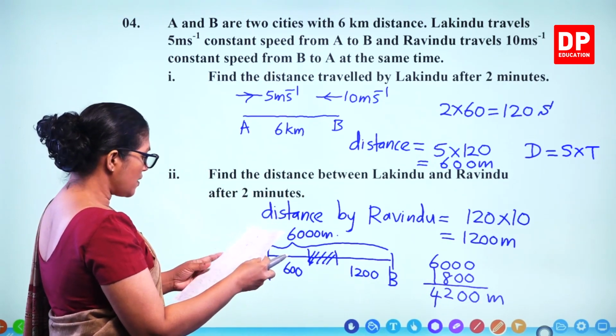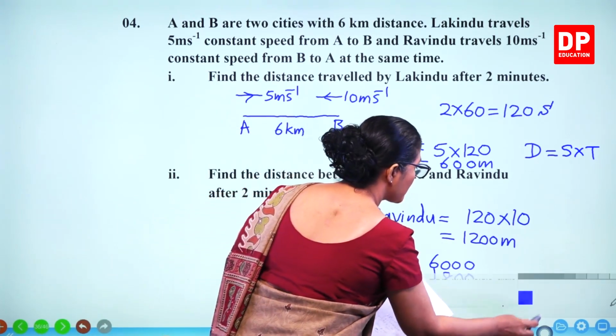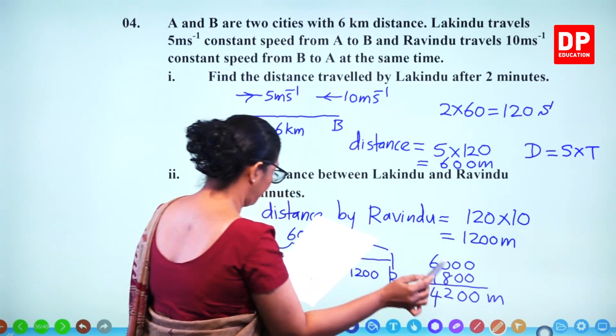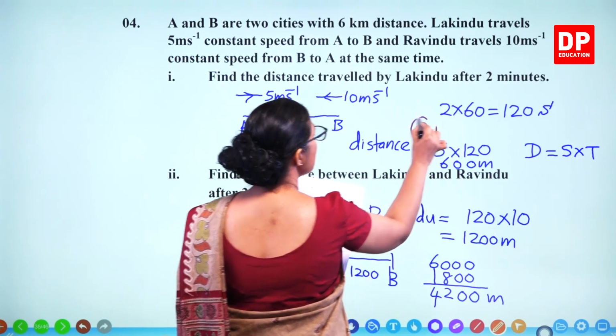So we'll see the marks. You get 2 marks for finding this distance.